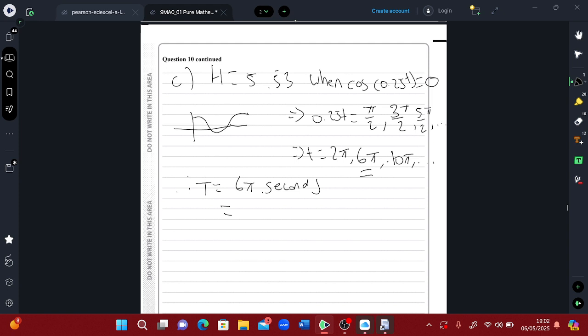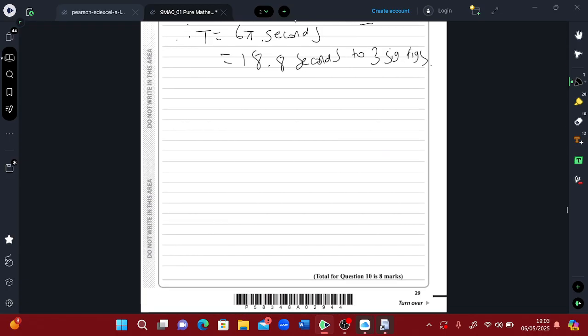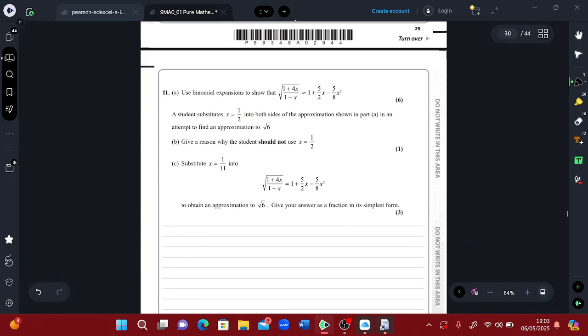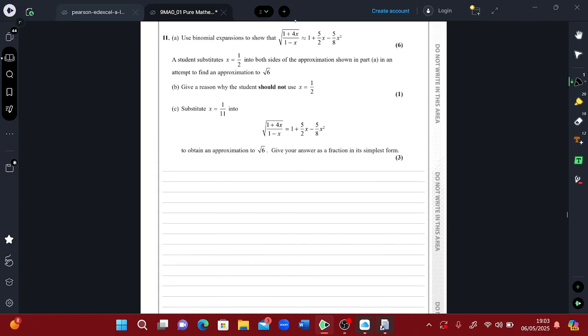It only takes like 2 seconds. It's equivalent to 18.8 seconds to 3 significant figures. But I think you should be able to get away with either way. Give it as a decimal or as an exact form. But you can never really go wrong with exact. And that's the answer.